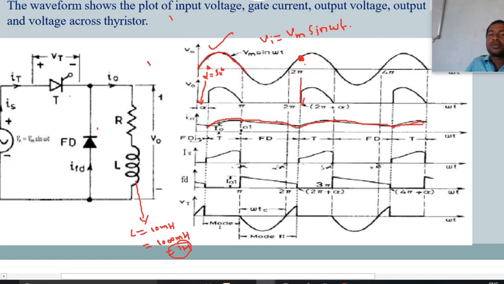Look at this path, it never touches the zero line, which means that with a high inductor value the output current is continuous.